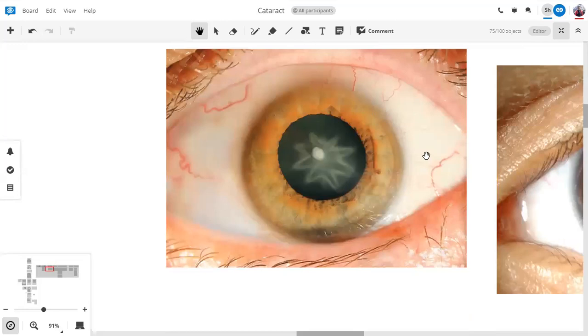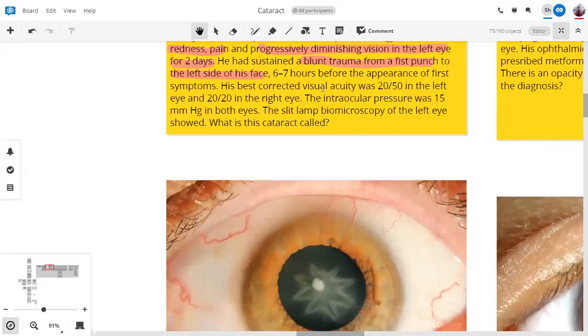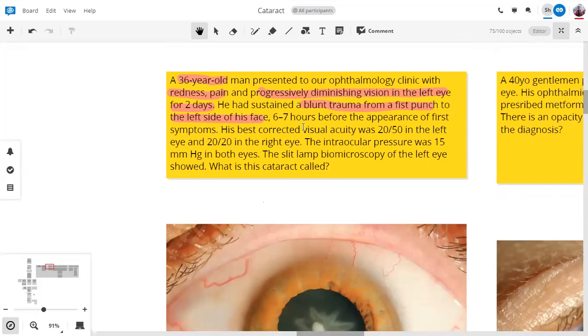So this is his left eye. On examination, visual acuity is reduced in the left eye and it's normal in the right eye. IOP is normal in both eyes.